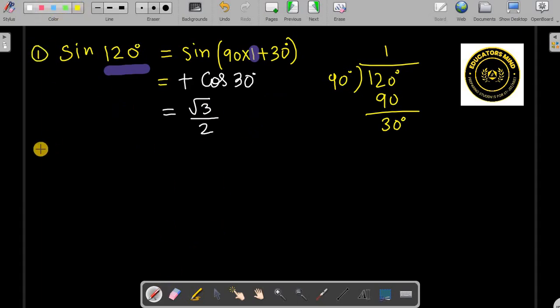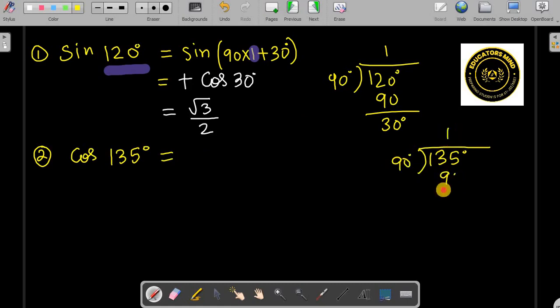Take another example. Let us say this is cos of 135 degrees. Again you divide 135 degrees by 90: 90 into 1, the remainder is 45 degrees. So you can write this as cos of 90 degrees into 1 plus 45.